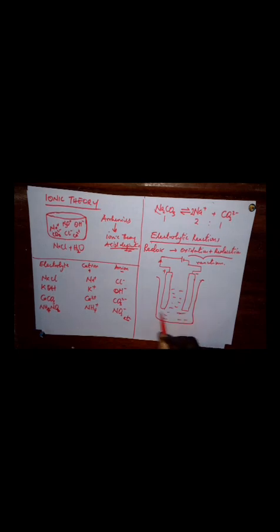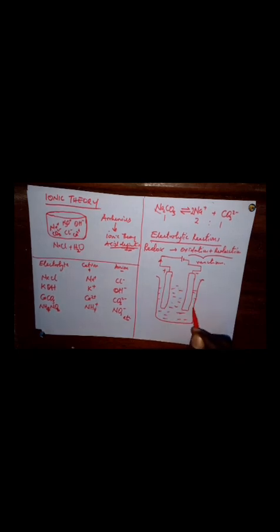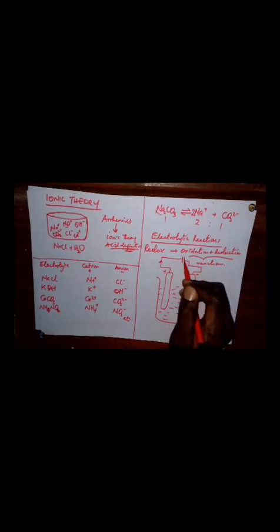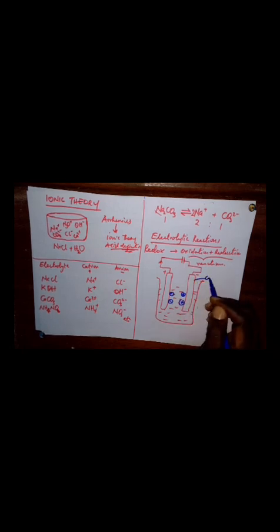What's actually happening here is that when a DC supply, this is a DC supply, when the switch is put on, current will start flowing. And when current flows, the electrolytes will get agitated. The charges will start moving. Positives collect at the cathode. Negatives collect at the anode.